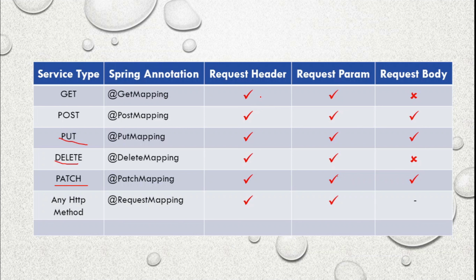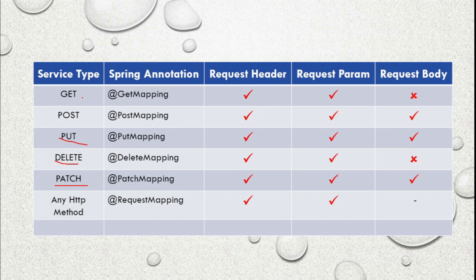There are mainly five types of services we generally have: the GET service, POST service, PUT service, DELETE service, and PATCH service. We'll go one by one and see what Spring supports, and what the supported input types are for those services.